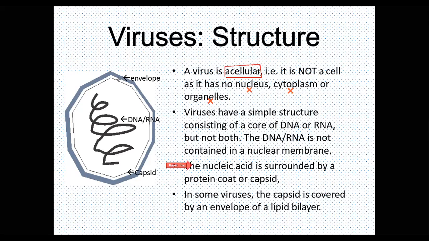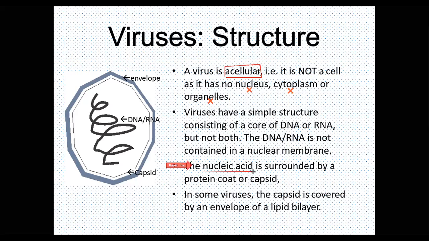The outermost covering is called the envelope, and this structure is called the capsid. This whole body is called the capsid. And there is one acid, nucleic acid.